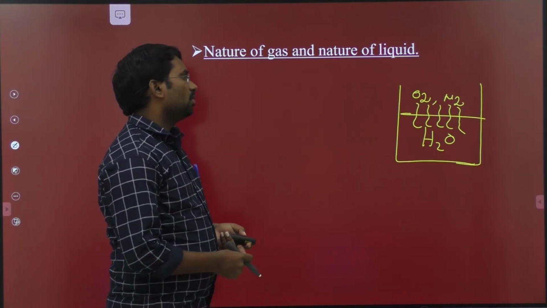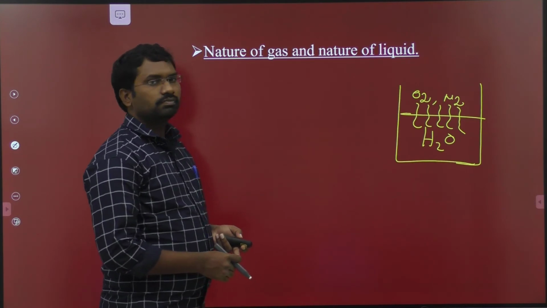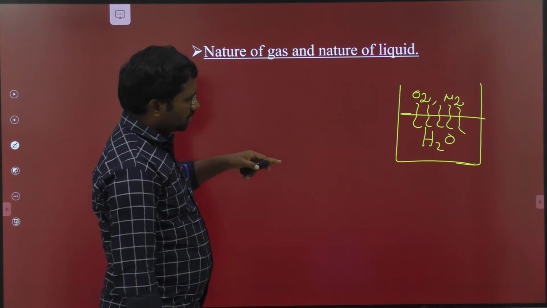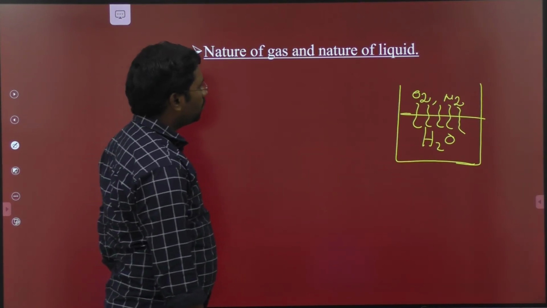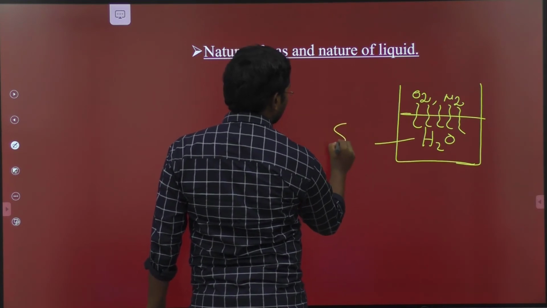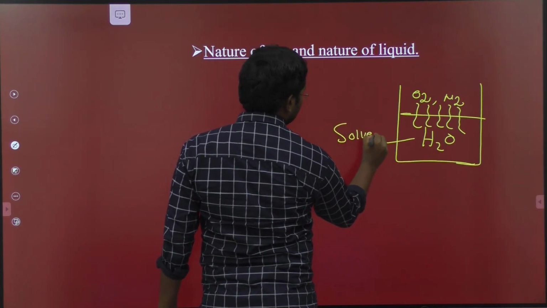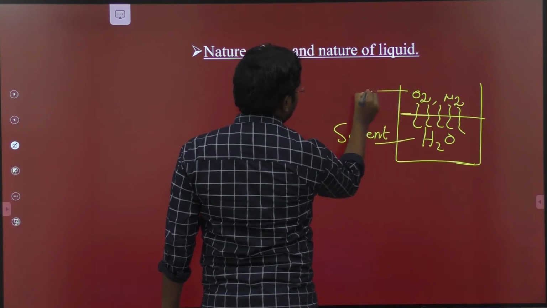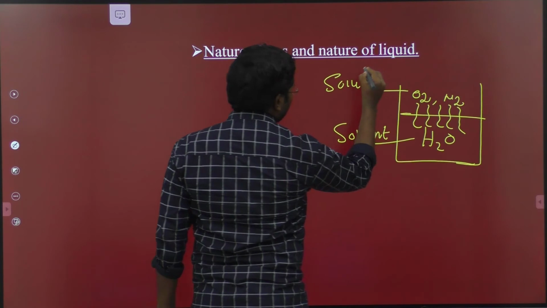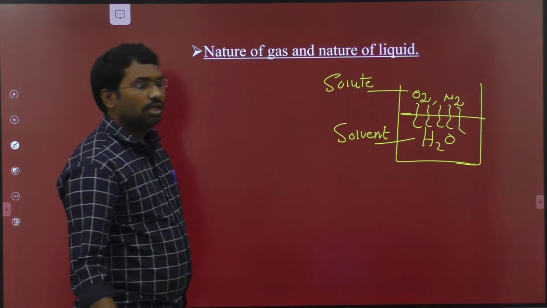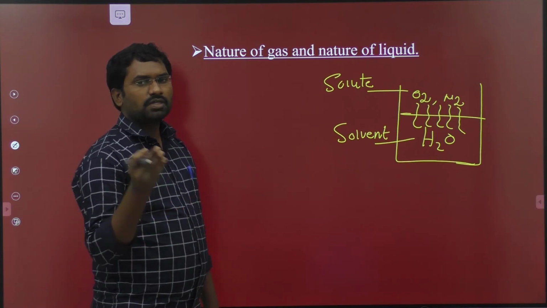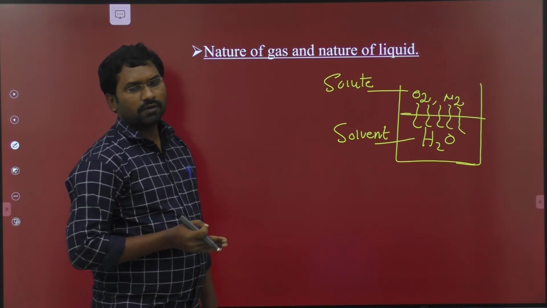For example, oxygen dissolves in water, and nitrogen also dissolves in a very small amount. The solubility depends upon the nature of the solute and solvent. Water is the solvent here, and these gases act as the solute. Some gases can easily dissolve in water, very well. Some gases cannot be dissolved in water.